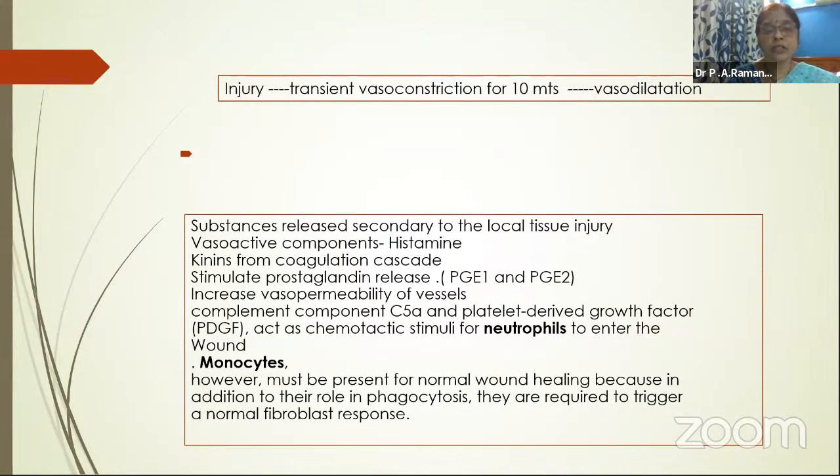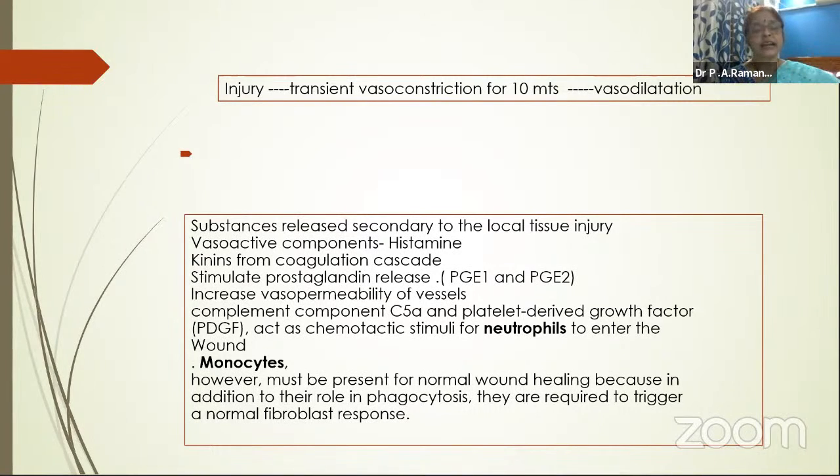Then platelets also secrete some substances. They produce adenosine diphosphate, and then they also produce platelet-derived growth factor and transforming growth factor beta. So these are released by the platelets that come and plug the hole of injury.